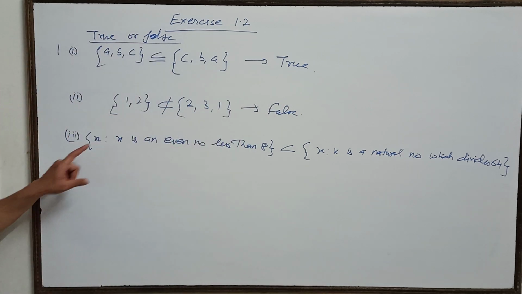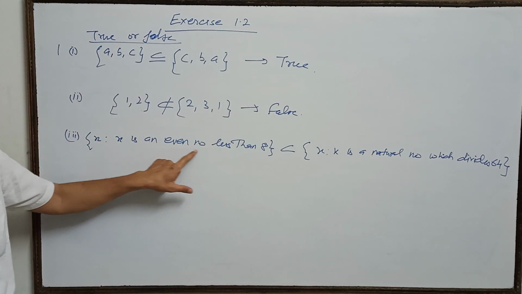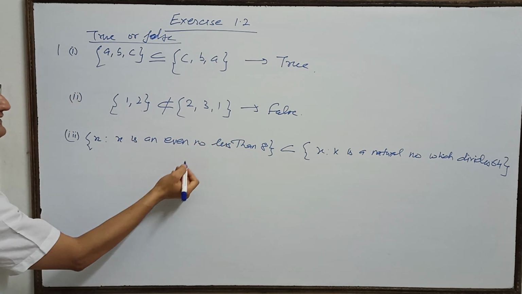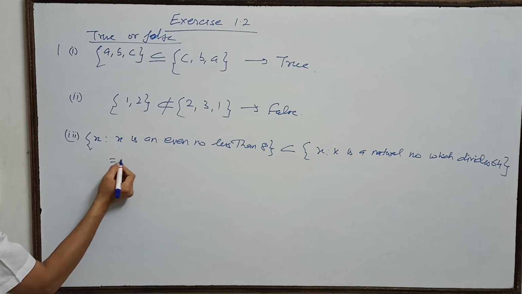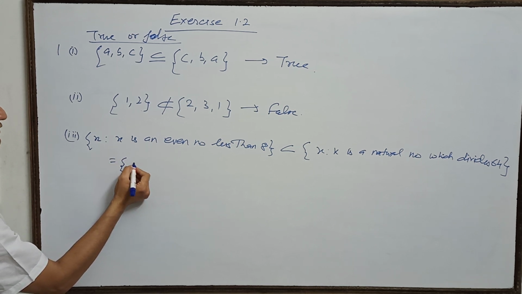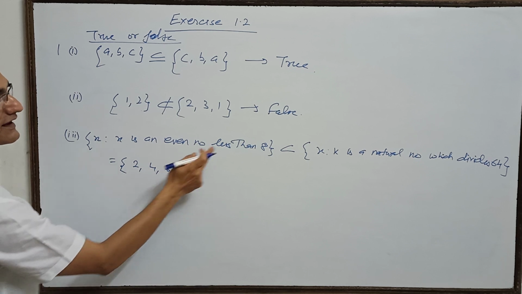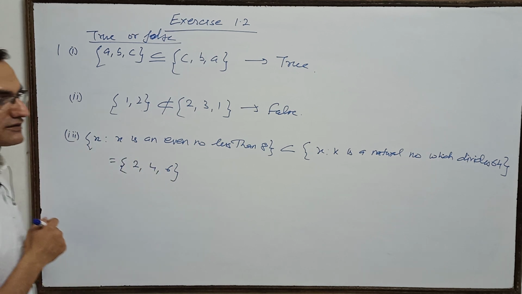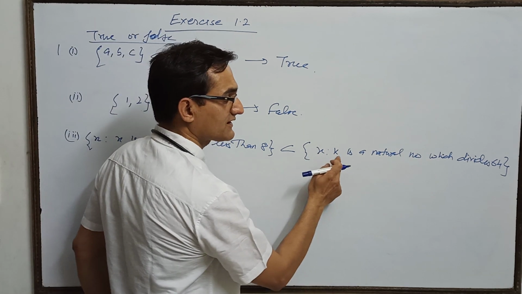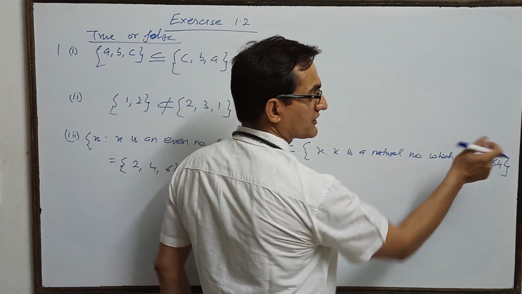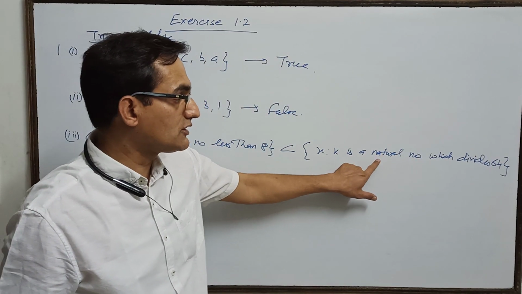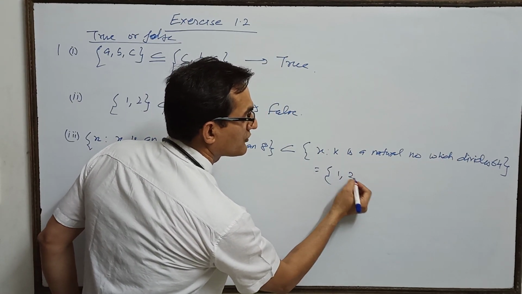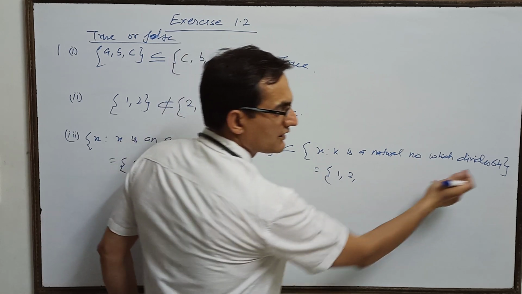Now next, x such that x is an even number less than 8. Let's see the elements contained in this one. You will write it as 2, 4, 6, less than 8; 8 is not included. Now this one, x such that x is a natural number which divides 64. It contains all the natural numbers which divide 64: 1 can divide, 2 can divide, 3 can it divide?